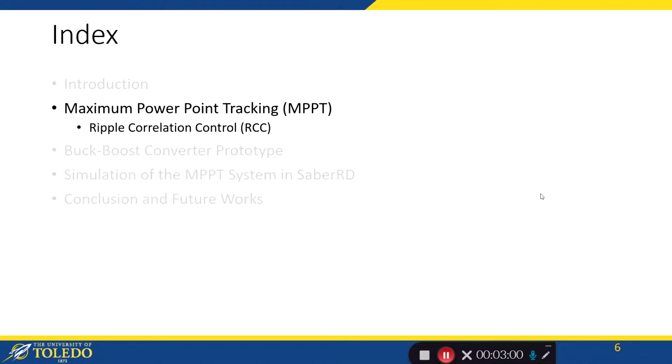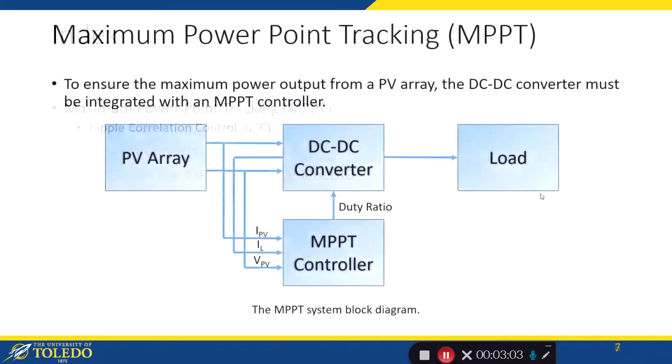Now let's talk about the algorithm that was used for tracking the maximum power point. Here I've shown the MPPT system block diagram, where we have the PV array connected to the DC to DC converter, where it is being controlled by an MPPT controller.